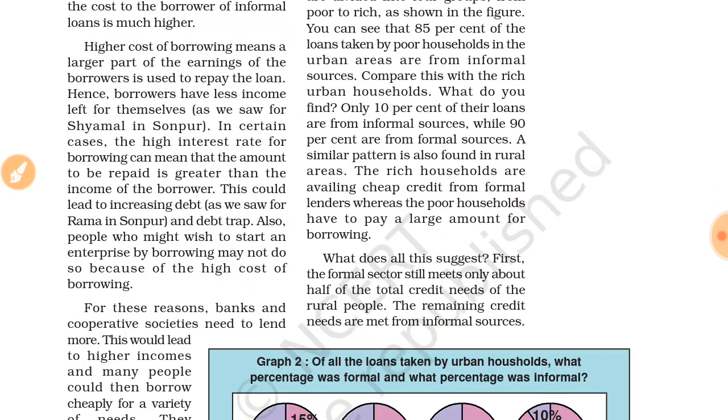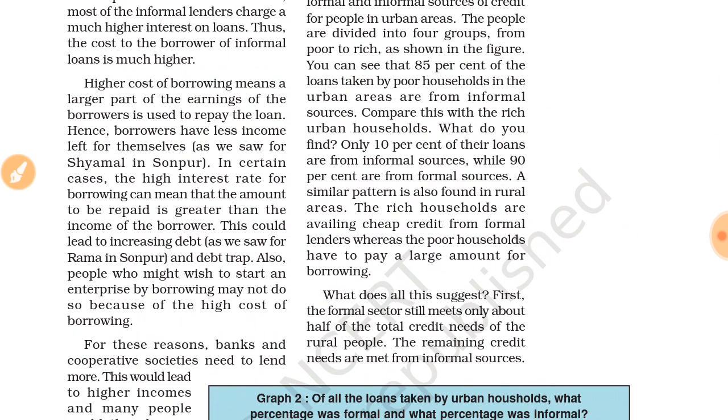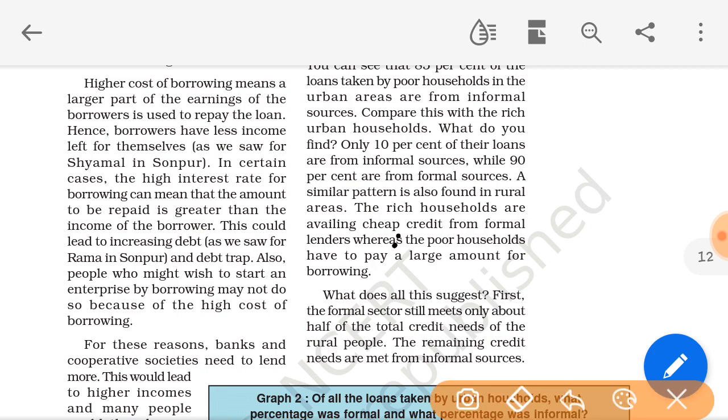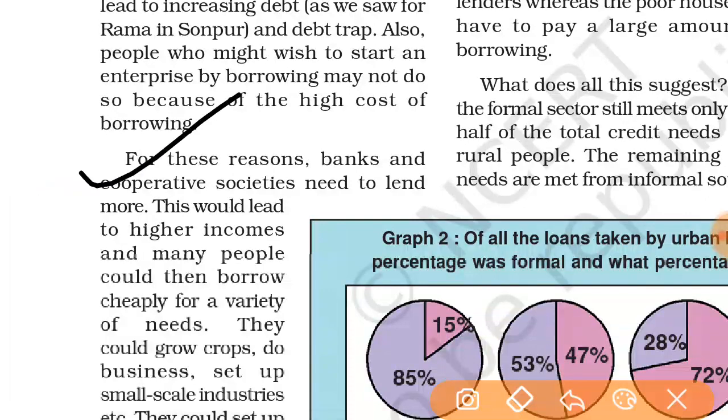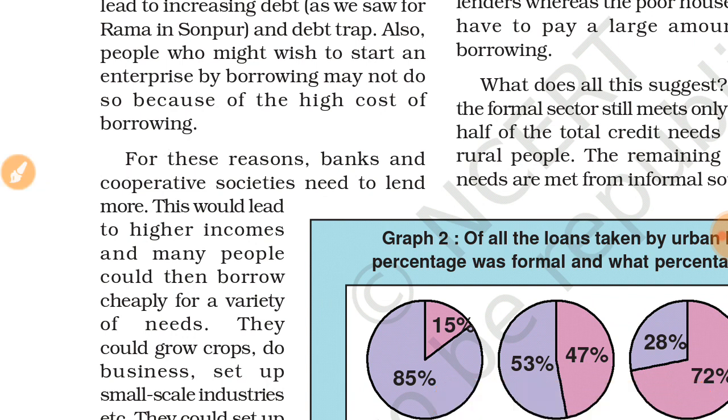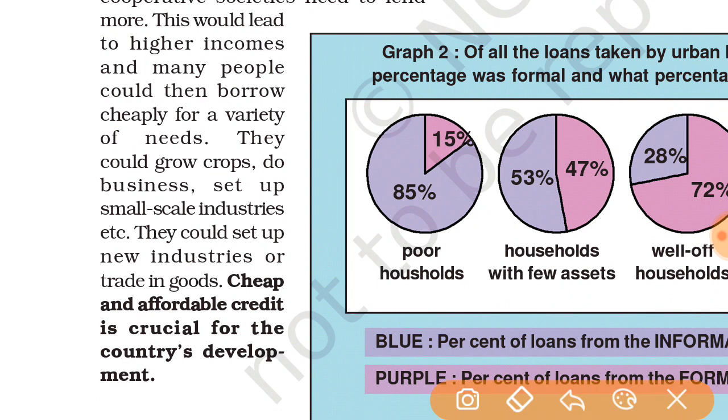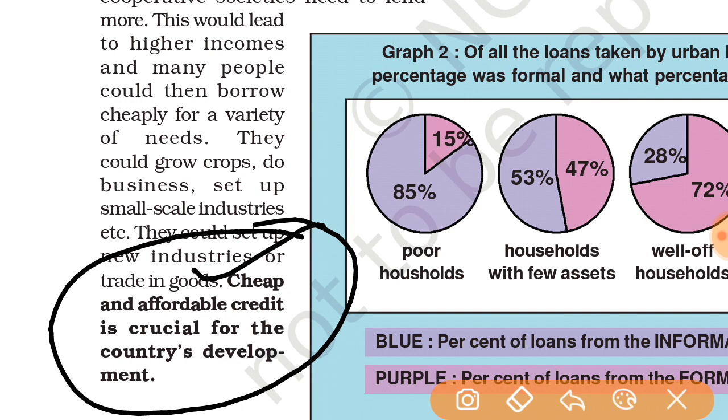Again here it is said that for this reason, banks and cooperative societies need to lend more. We have already seen that from the formal sources the rate of interest is low, but from the informal sources the rate of interest is high. So banks should give loans to everybody, so that cheap and affordable credit is available, which is crucial for the country's development.